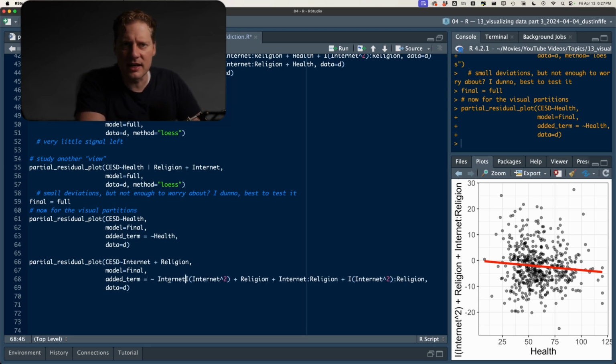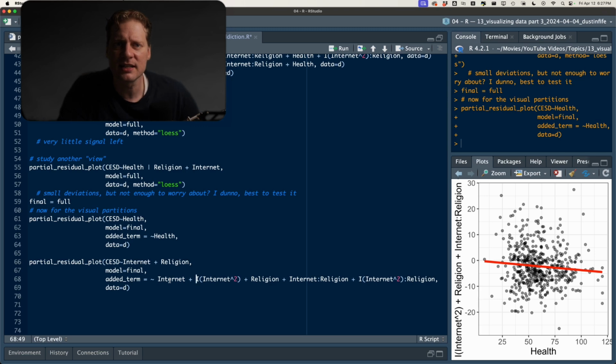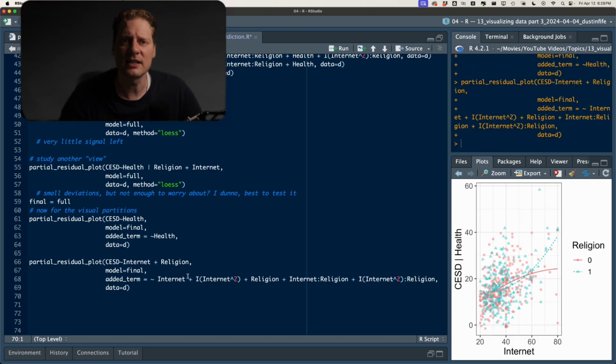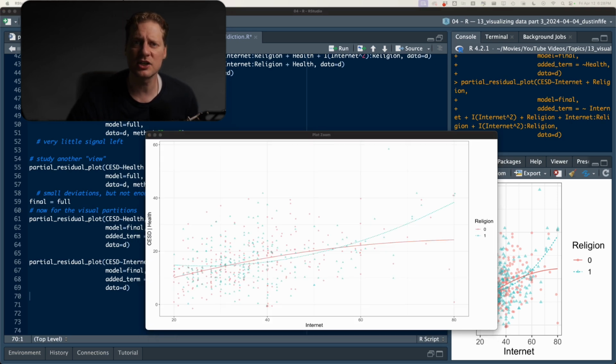So I need to have the linear effect of internet, the nonlinear effect of internet, and I'm putting back in the religion effect, and then the internet by religion linear interaction, and then the internet nonlinear by religion interaction, and then data equals D. And so now if I look at this plot, this will give me a visual representation of what's going on with these two variables together.